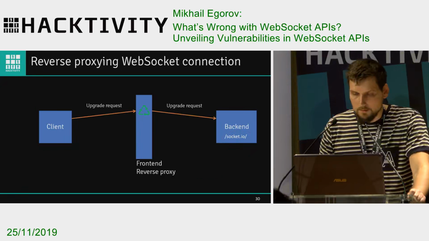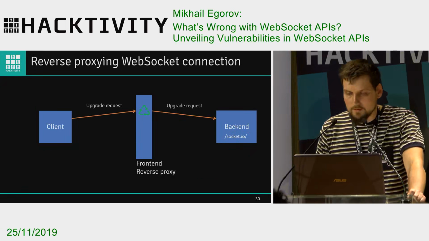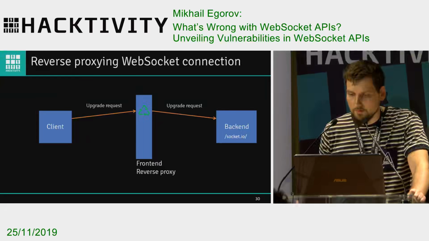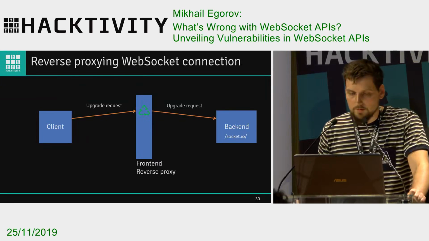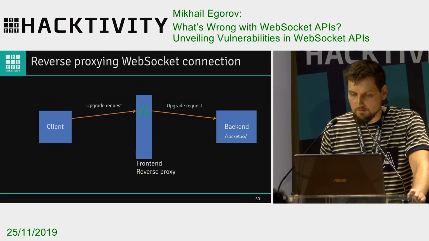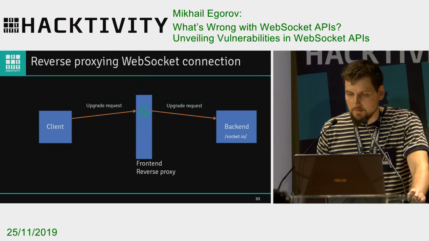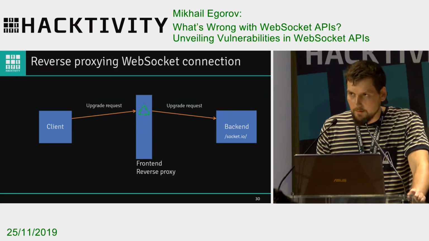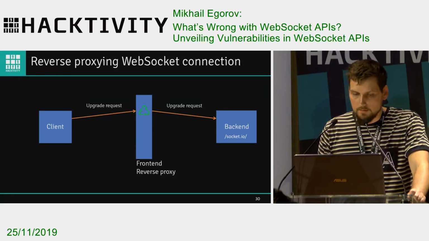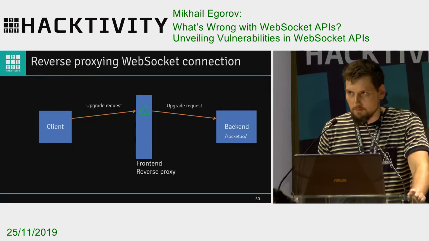When initiating the connection, a client sends an upgrade request to the reverse proxy for /socket.io, and the reverse proxy discovers that the incoming GET request is an upgrade request by inspecting HTTP headers like Connection: Upgrade or Upgrade: websocket. If everything is correct, it translates that upgrade request to the backend.